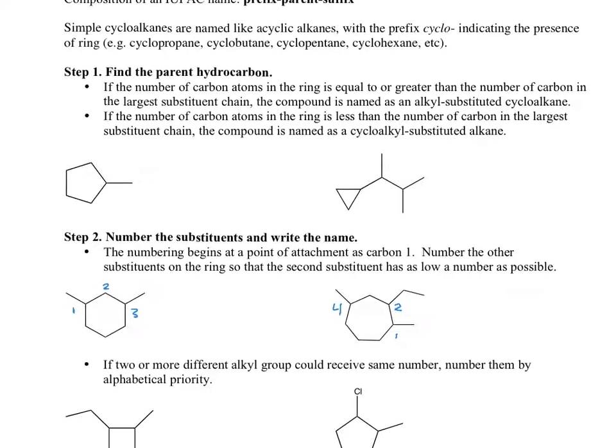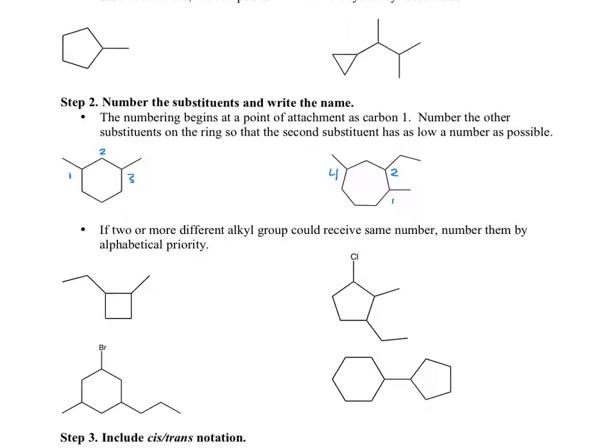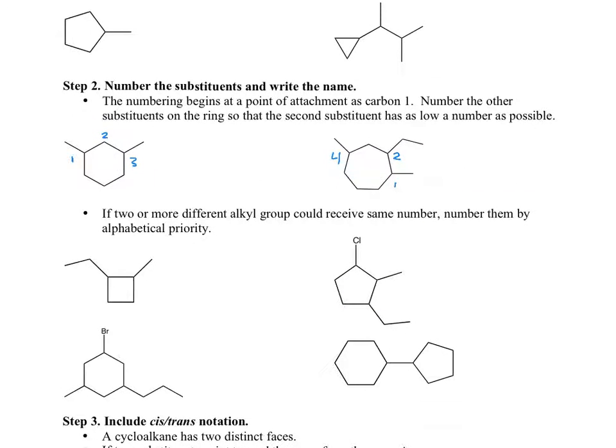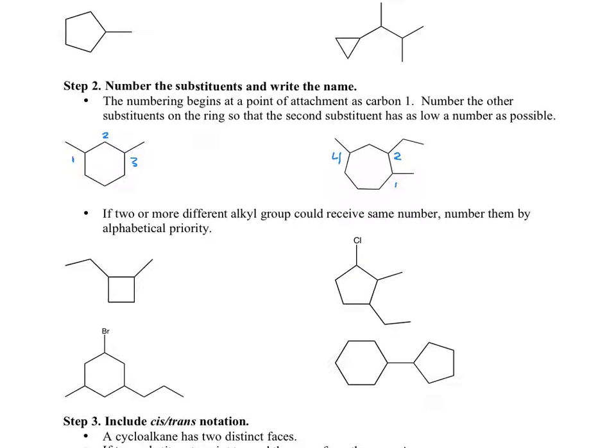Moving on, in the scenario that 2 or more different alkyl groups receive the same number, you would number your substituents with the alphabetic priority.